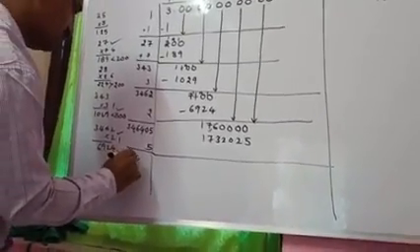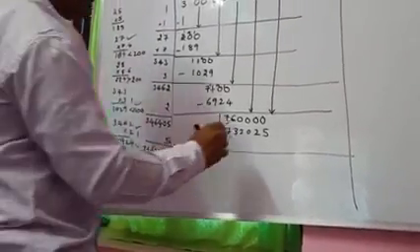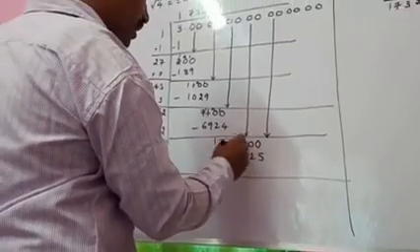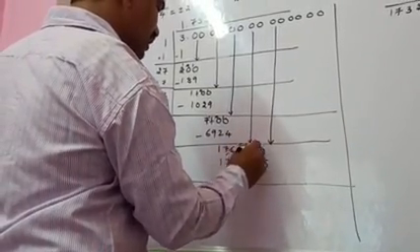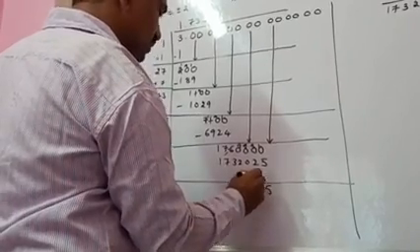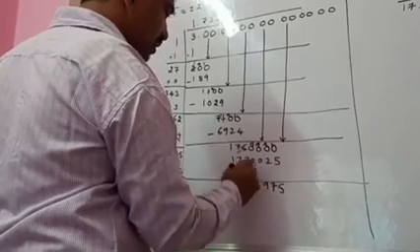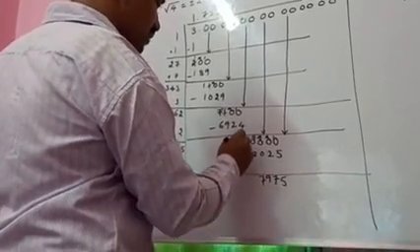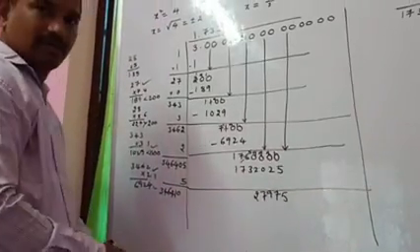3464, 5 plus 5, 10. So subtract. Borrow here 9 9 9 10. 10 minus 5, 5. 9 minus 2, 7. 9 minus 0, 9. 9 minus 2, 7. Here 5, 5 minus 3, 2. Okay.